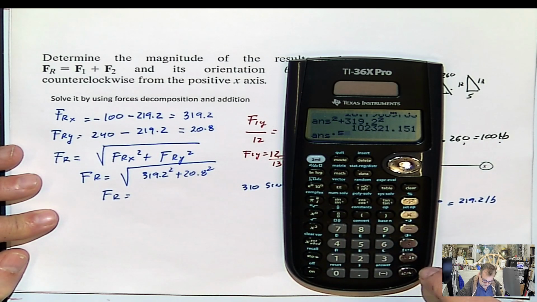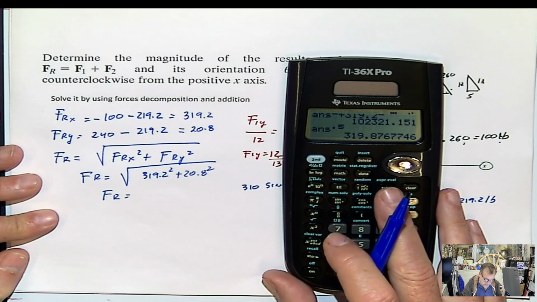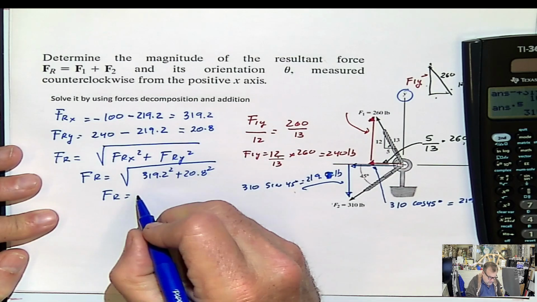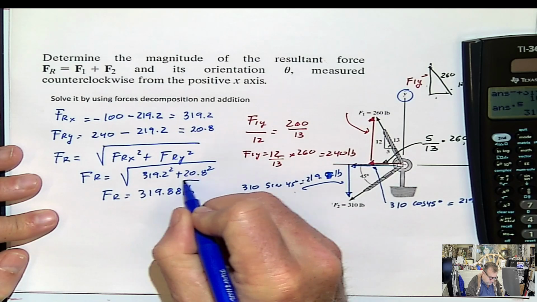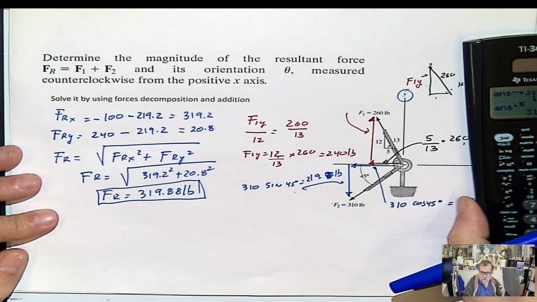Square root is elevated to the 0.5, that's 319.88, 319.88 pounds.